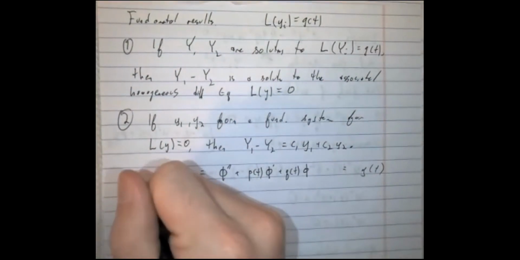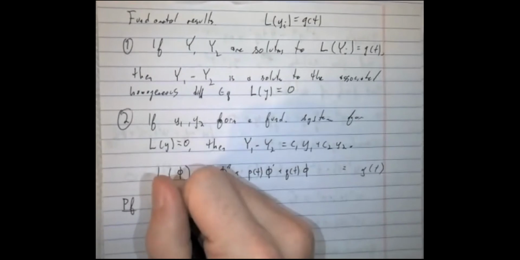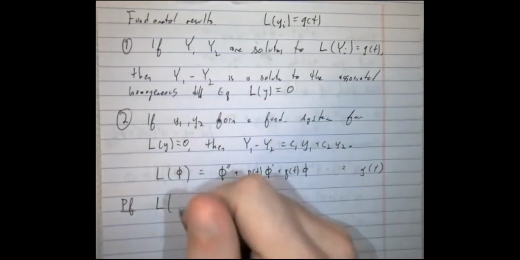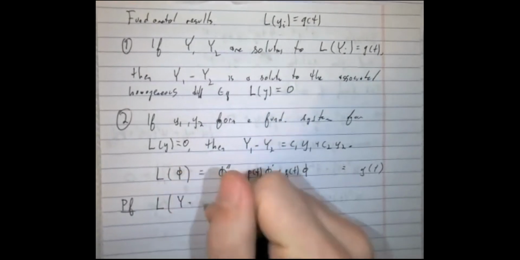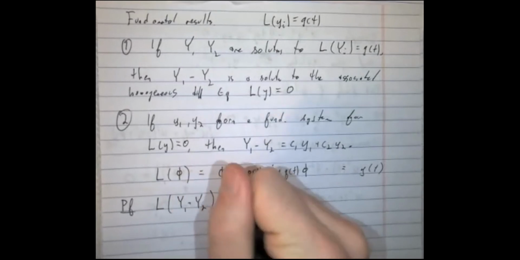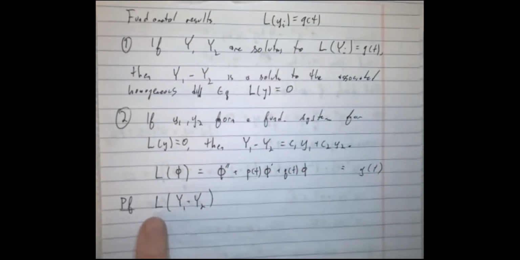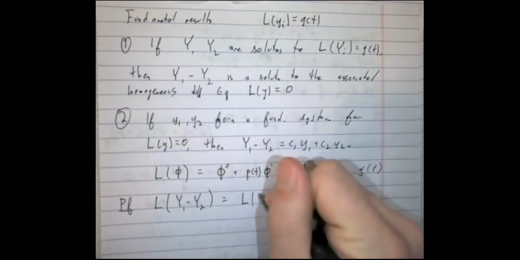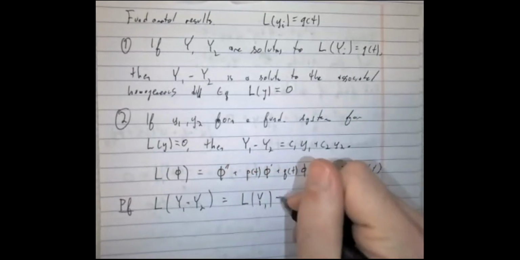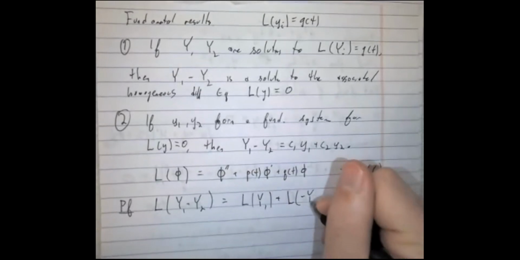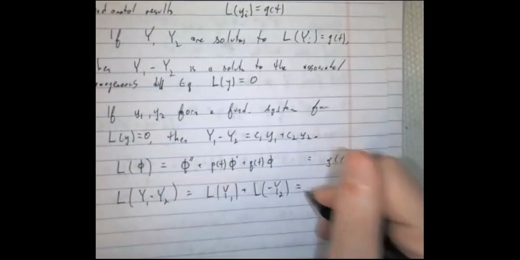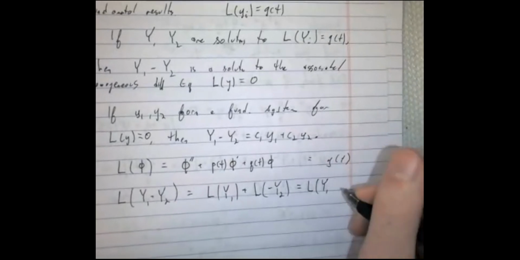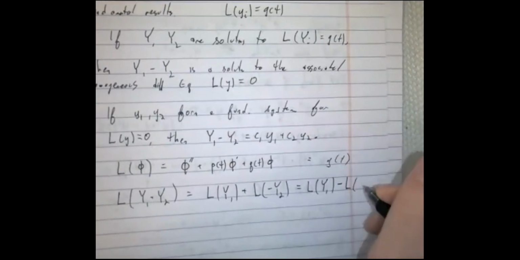Okay, the proof is very simple. Let's consider L of Y1 minus Y2, capitals. Well, we know about differential operators that they act linearly. So this is the same as L of Y1 plus L of negative Y2, which is the same thing as L of capital Y1 minus L of Y2.